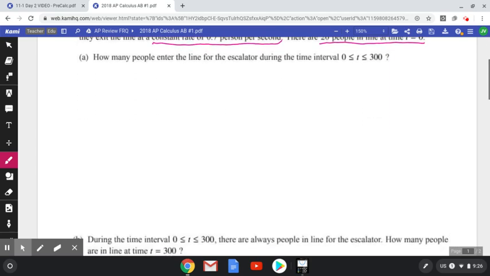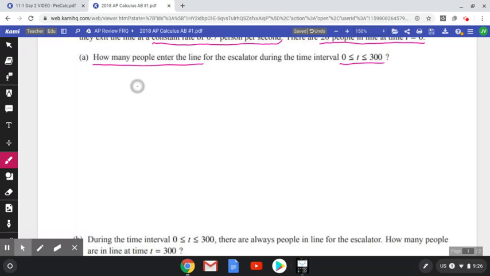Part A asks us how many people enter the line for the escalator during the time interval 0 to 300. Notice this does not ask us how many people are in line for the escalator during that time or at a specific time. Instead, this asks us for an amount of change. How many people enter the line is the amount of change from time 0 to 300.